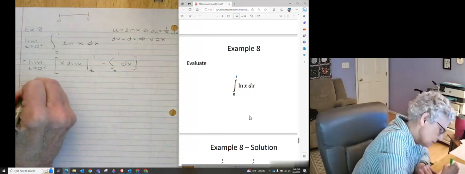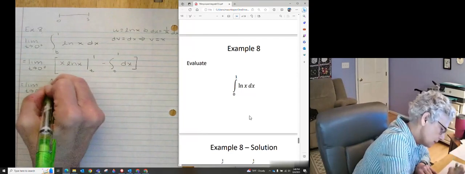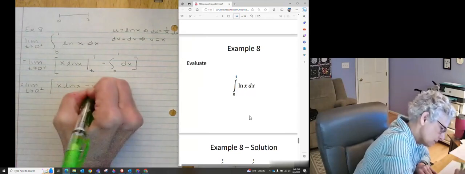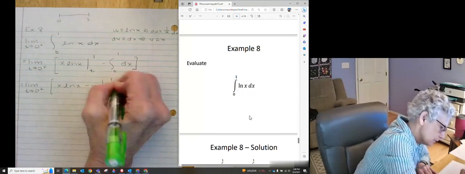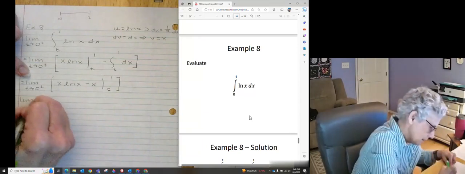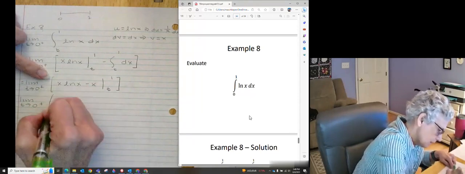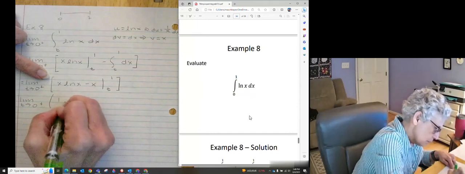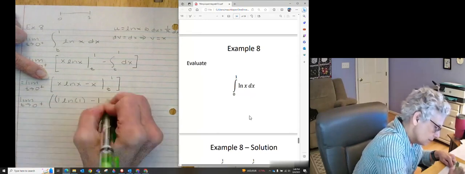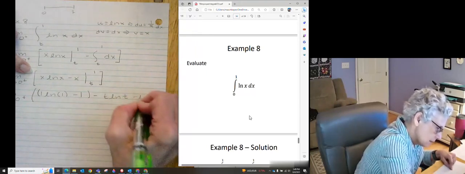So this is equal to the limit as t approaches 0 from the right of x ln x minus x evaluated from t to 1. Limit as t approaches 0 from the right of 1 times the natural log of 1 minus 1 minus t ln of t minus t.